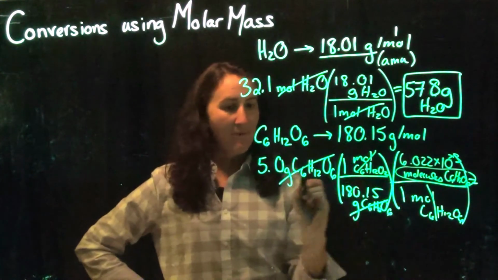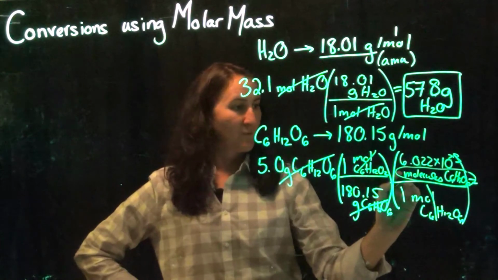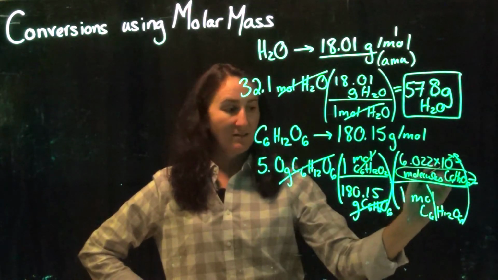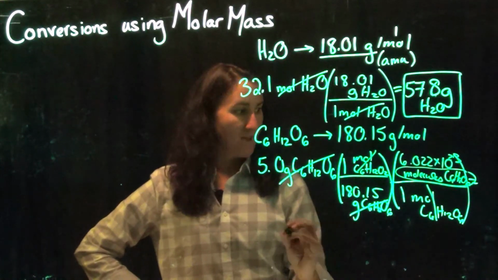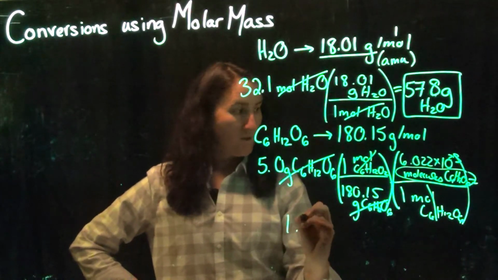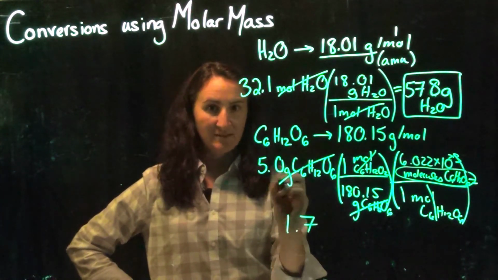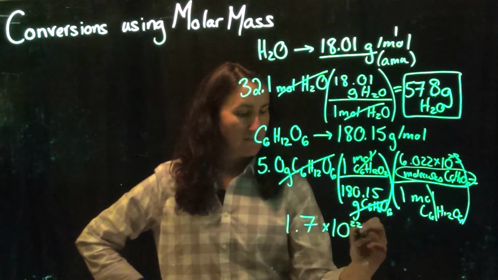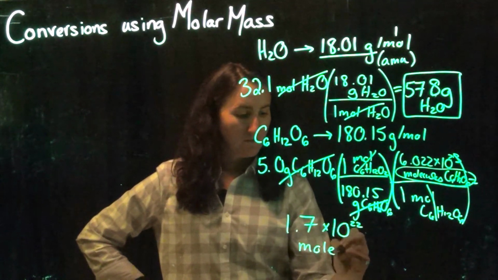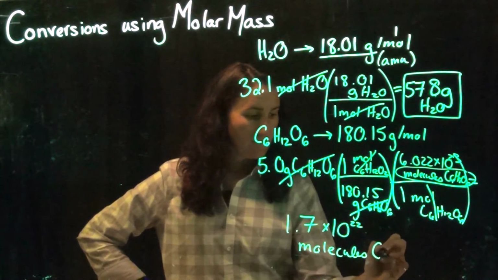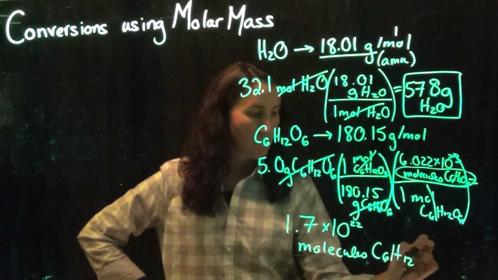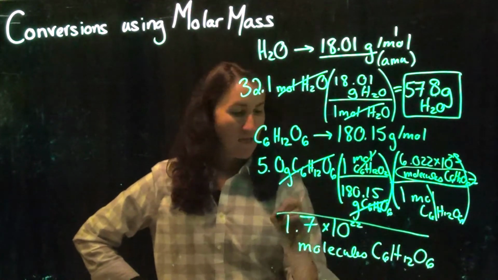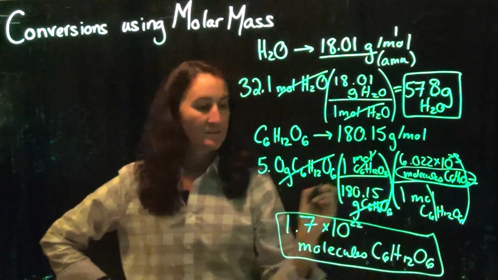If you perform all that math, I would do 5 times 6.022 E23 divided by 180.15. You'll end up with 1.7 times 10 to the 22nd, with sig figs based off this number, molecules of C6H12O6. And that is your final answer.